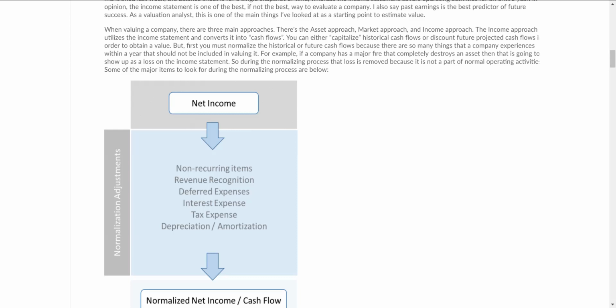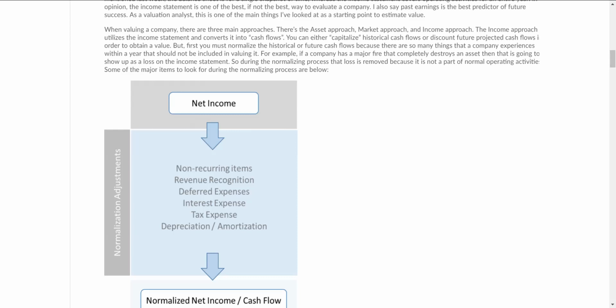These are things that you'd want to factor in when comparing. Depreciation and amortization: is your target company using the double declining balance depreciation method versus straight line? That could have a major impact on your net income, which would then, of course, impact the valuation of the company.